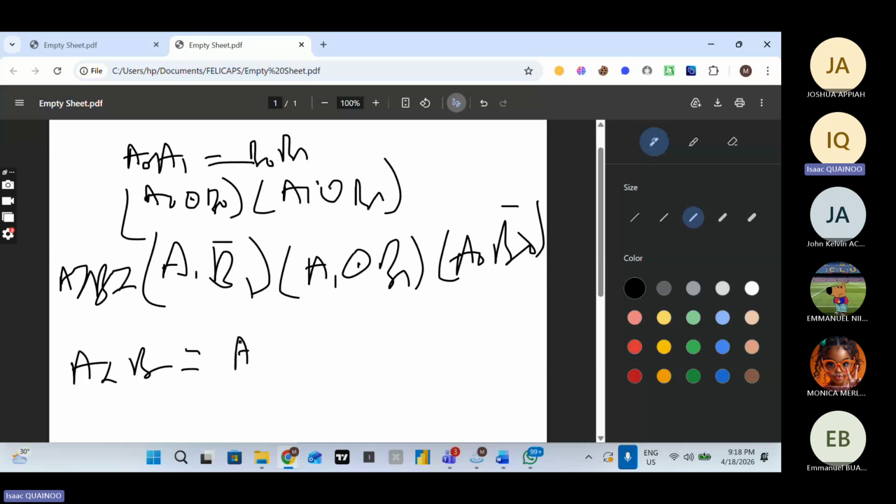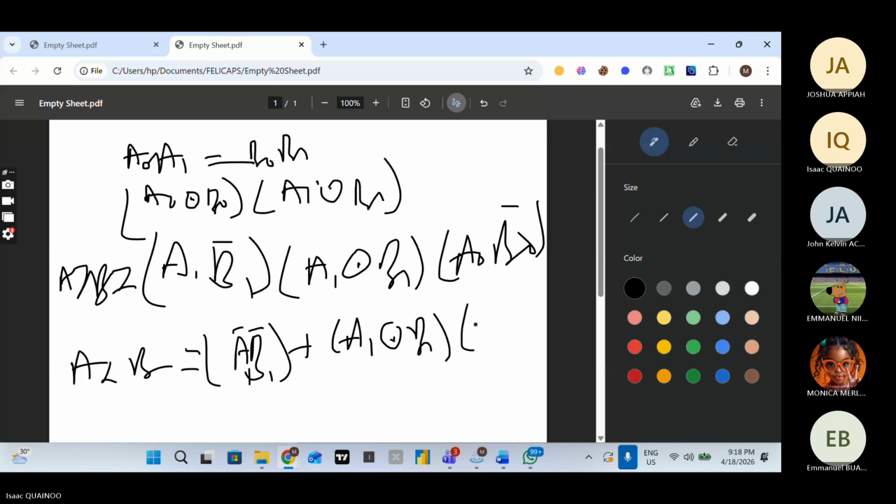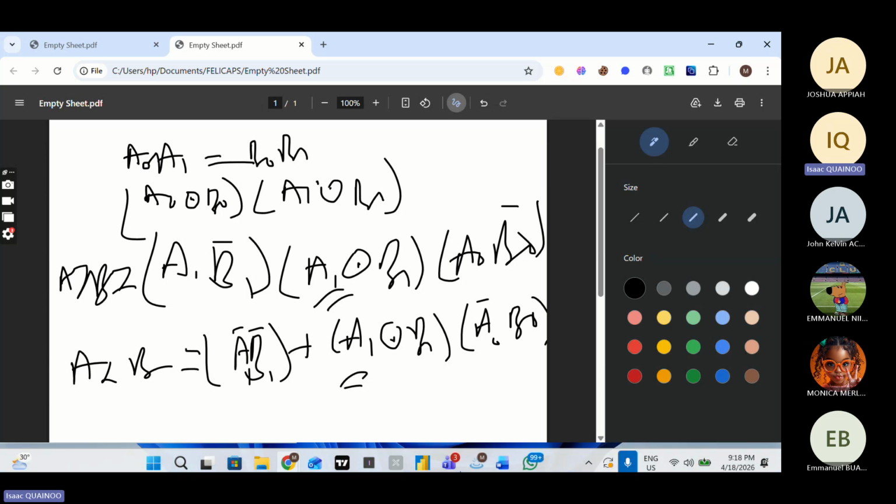We are going to have A1 bar B1, plus we have A1 XOR B1, then A0 bar B0. Okay, so that's going to be our expression for A greater than B, and then A less than B as well.